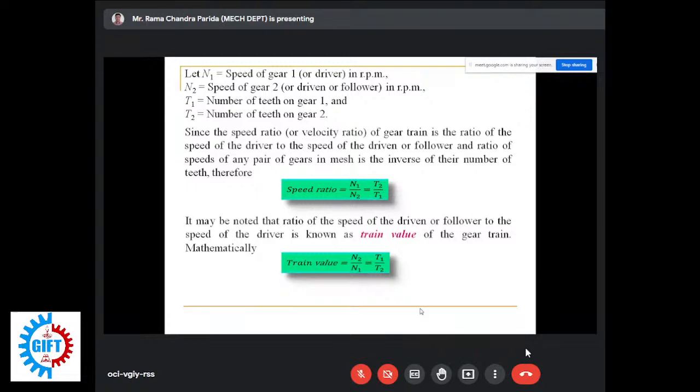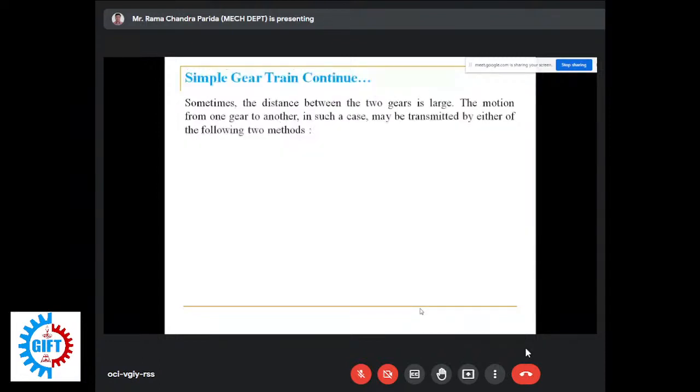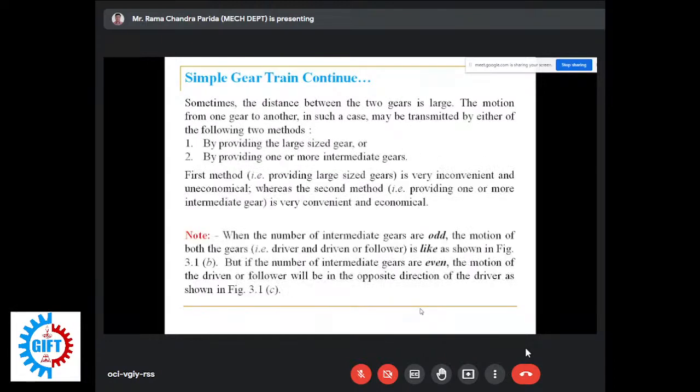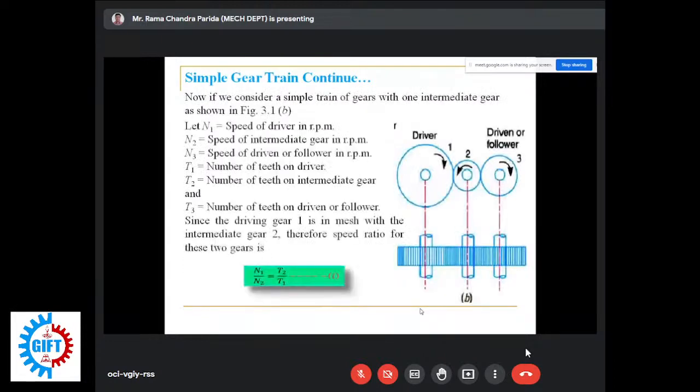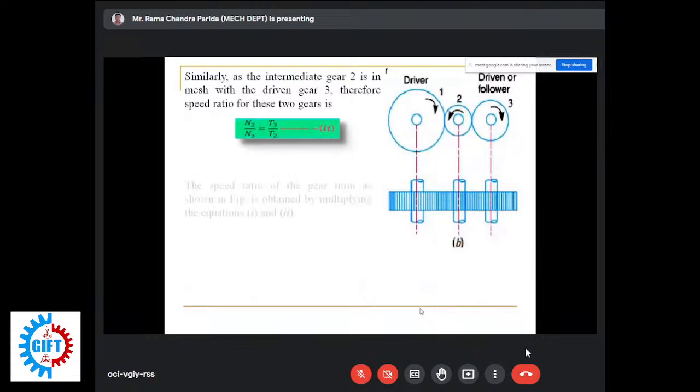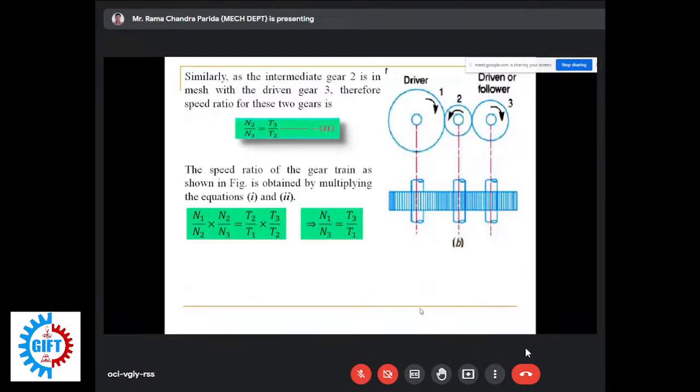So mark it that in a gear train, the speed ratio is the reciprocal of the train value, or the reverse. For a simple gear train, by proceeding this way you will find the final speed ratio N1 by N3.